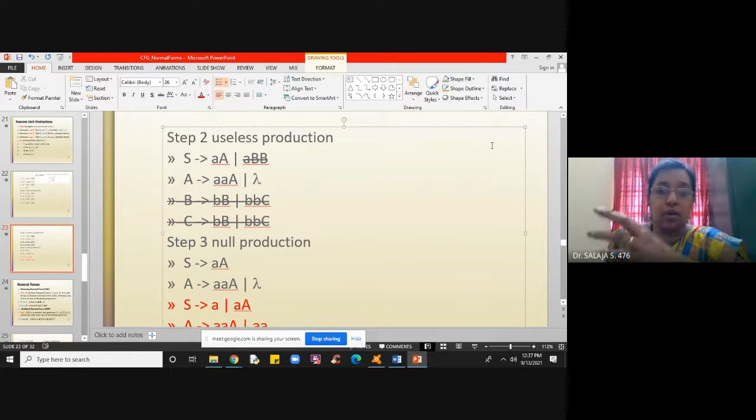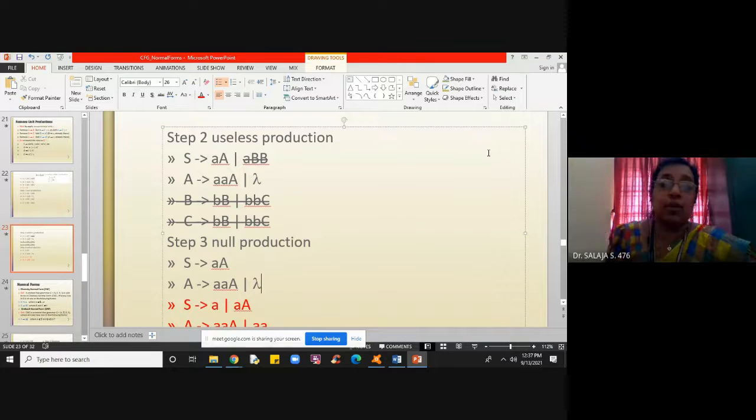There is no order. If the question asks only for null production removal, go ahead with null production alone. Only useless production, go ahead with useless production alone. But if you are asked to convert it into a normal form, you are supposed to apply all these three. And in which order should I apply? I can apply it in any order.